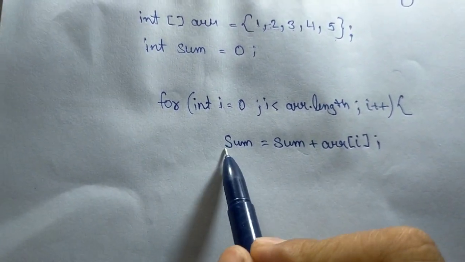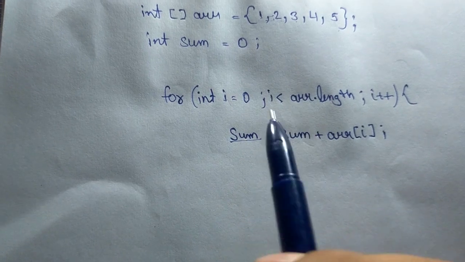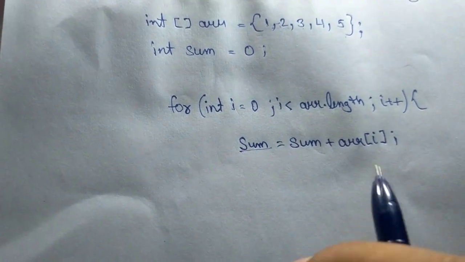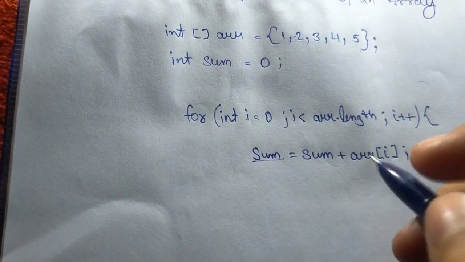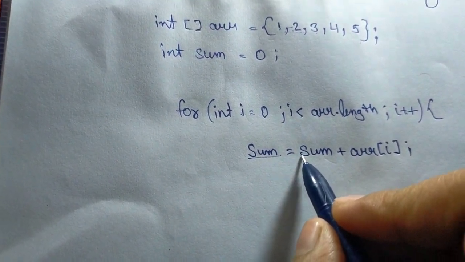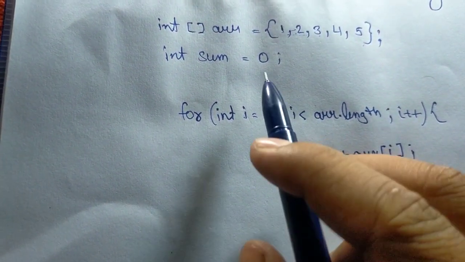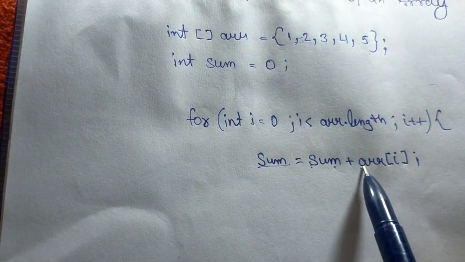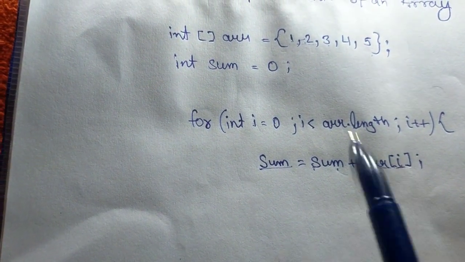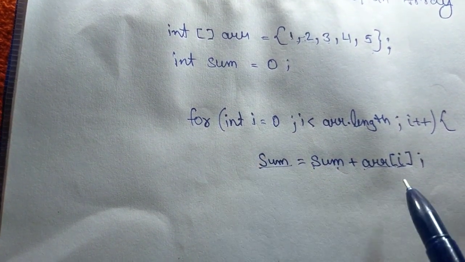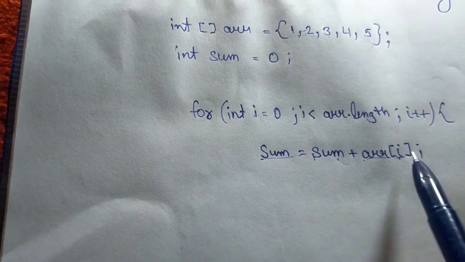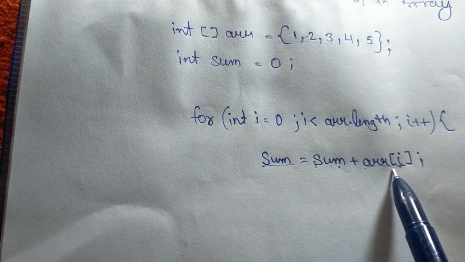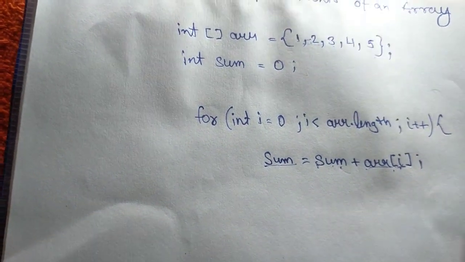Because we want the whole total sum. So in this, the initial value of sum is 0, and we are adding the array's 0th element. The first time the array's 0th element is 1, so 0 plus 1 becomes 1.